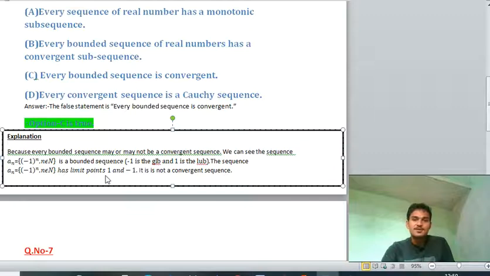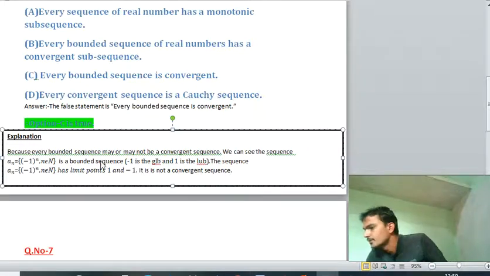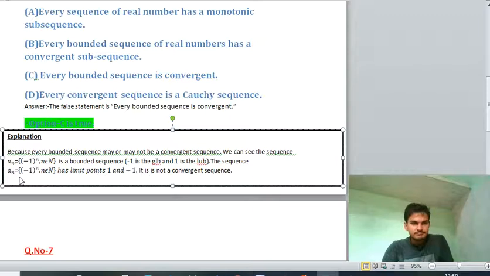So -1 is not equal to 1. According to the definition, a sequence is said to be an oscillatory sequence if limit superior of a_n is not equal to limit inferior of a_n.